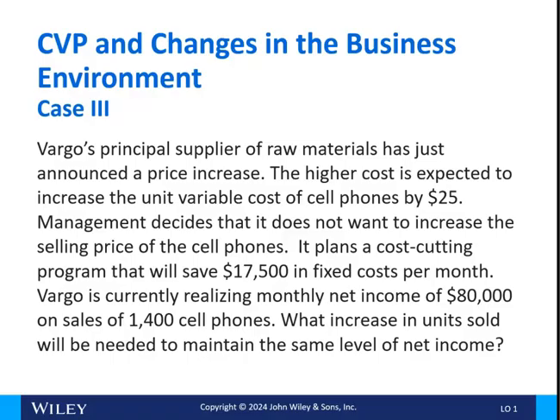That happened where I worked: we had tariffs, so we had an increase in cost that we needed to figure out how to offset and/or pass on to our customer. In this example, we don't want to pass it on to our customer, so how can we cut costs or increase sales? What do we need to do to maintain that?